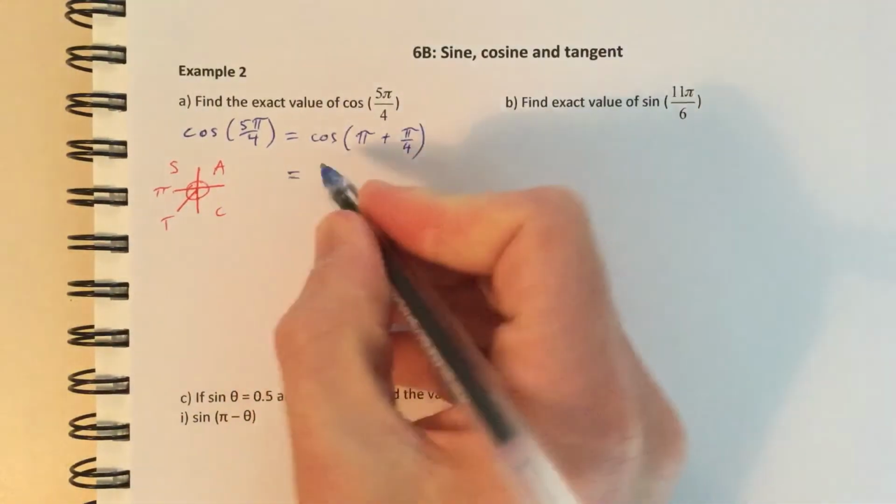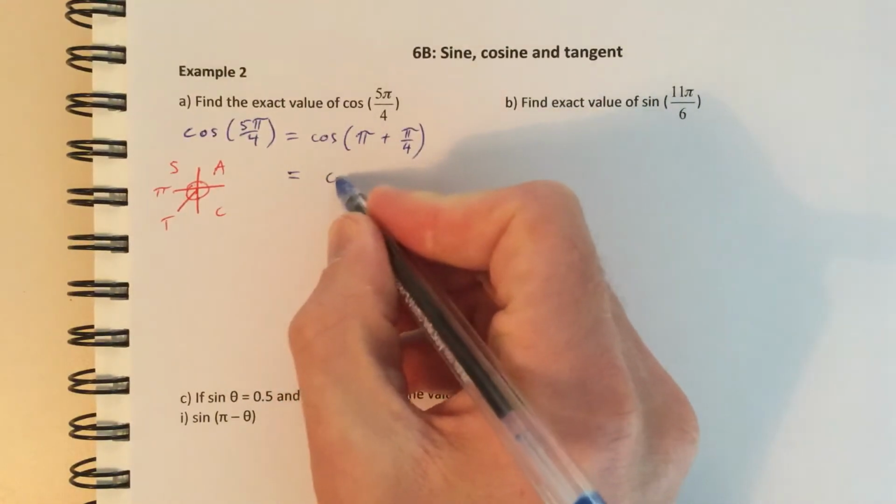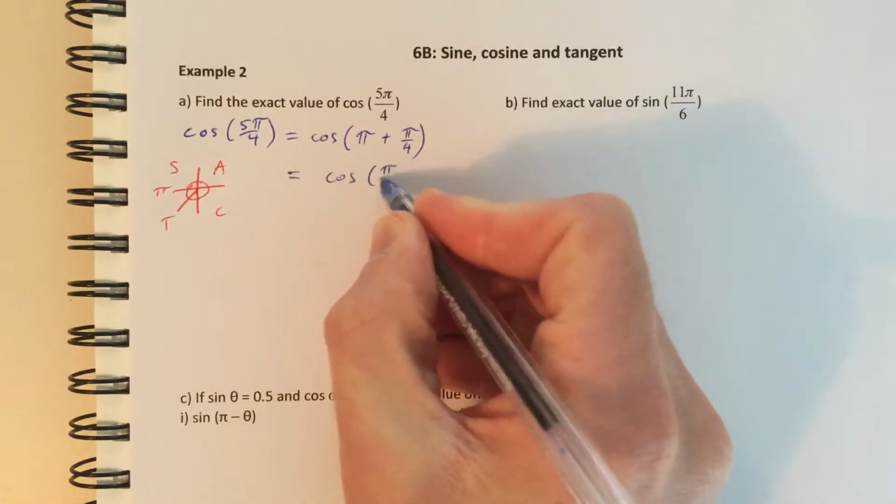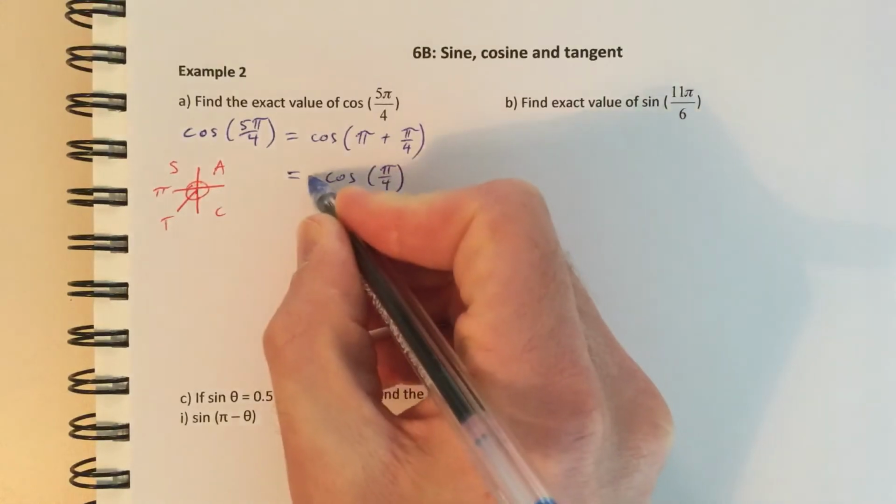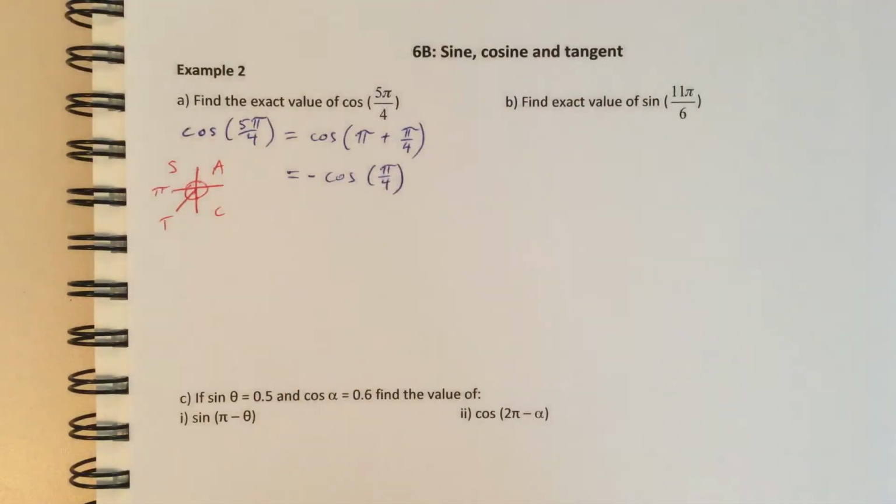The base angle is pi on 4. So our job really is to work out cos of pi on 4, but we know that the final value we give is going to be negative.